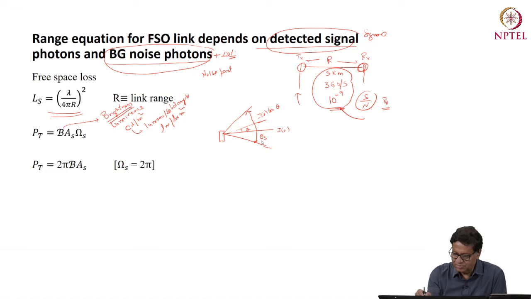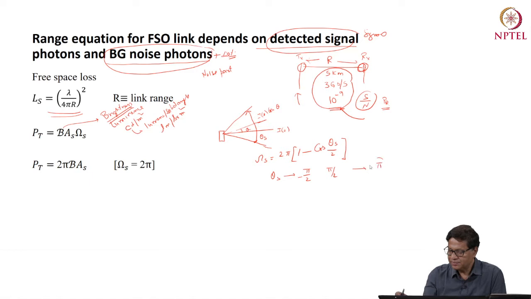Converting this angle into a solid angle, we can use this formula: 2 pi (1 minus cos of theta s) divided by 2. The limits of theta s are minus pi by 2 to pi by 2, so the total angle is pi. A Lambertian source can emit anywhere in this range, so the maximum limit of theta s is pi.